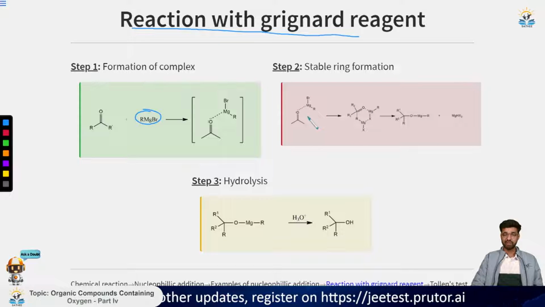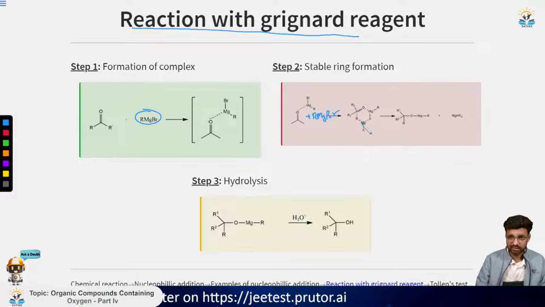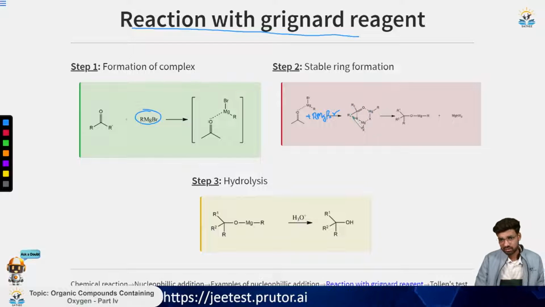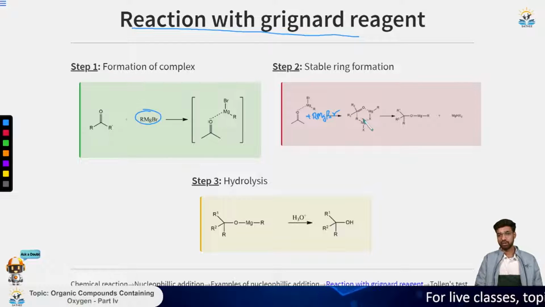What we are doing is taking one more mole of this RMgBr, and this again will set up an interaction with this carbonyl. Since this oxygen has a negative charge, it will interact with Mg, and this carbon has a positive charge, so it will interact with R. Overall we have 2 molecules of RMgX like this.